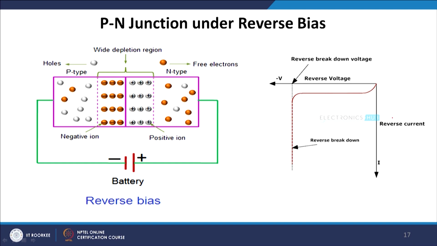The current versus voltage characteristic of a reverse bias diode looks like this, where if I increase the reverse voltage, first the current increases, then at a certain point all of a sudden the current increases sharply, and that is called the breakdown region, and the current under reverse bias is called the reverse saturation current. So, in today's class we have discussed two different kinds of currents, reverse saturation current and the forward bias current in a diode, more precisely in a PN junction semiconductor diode.